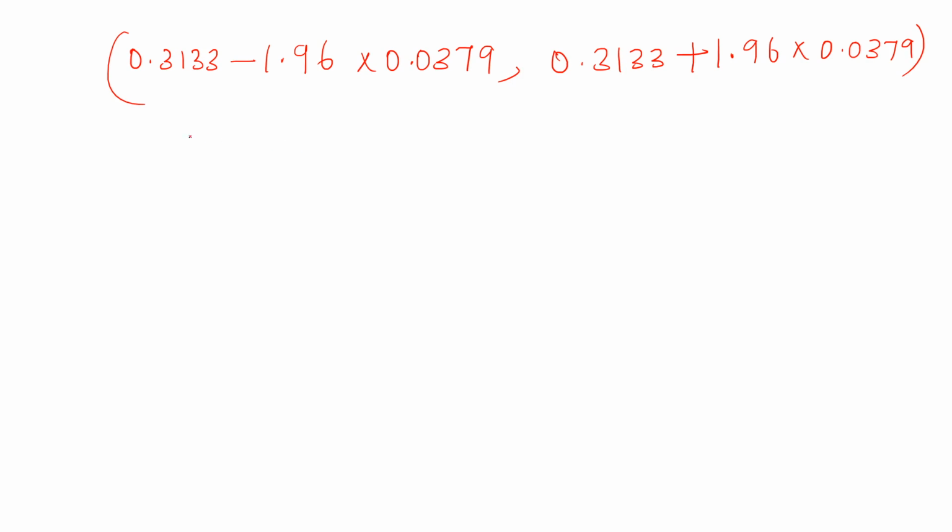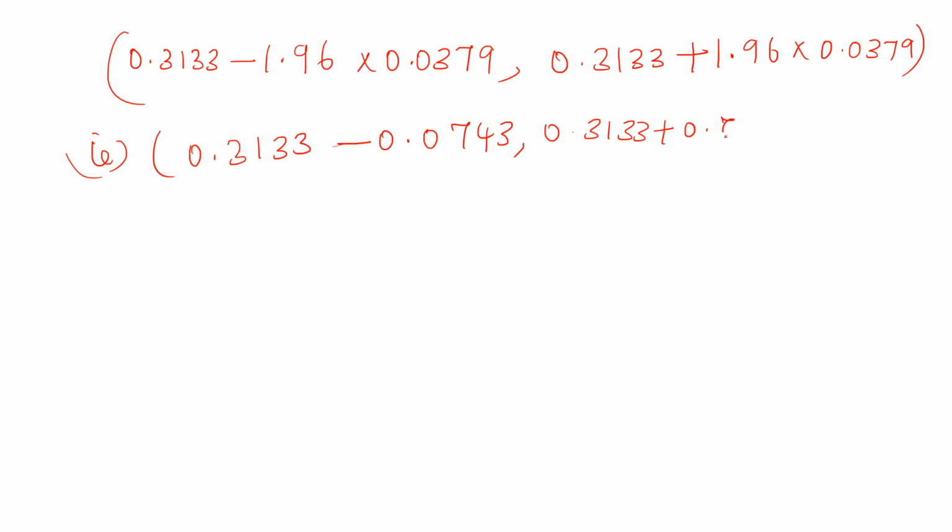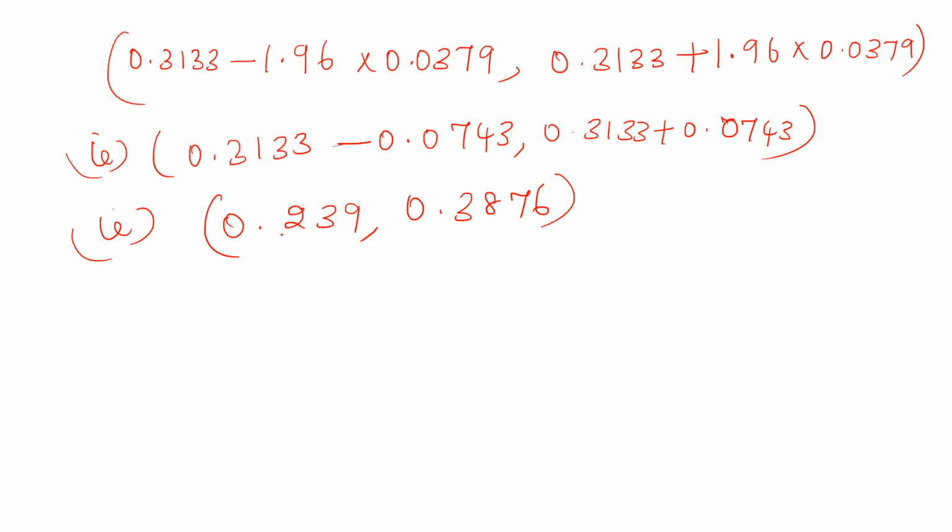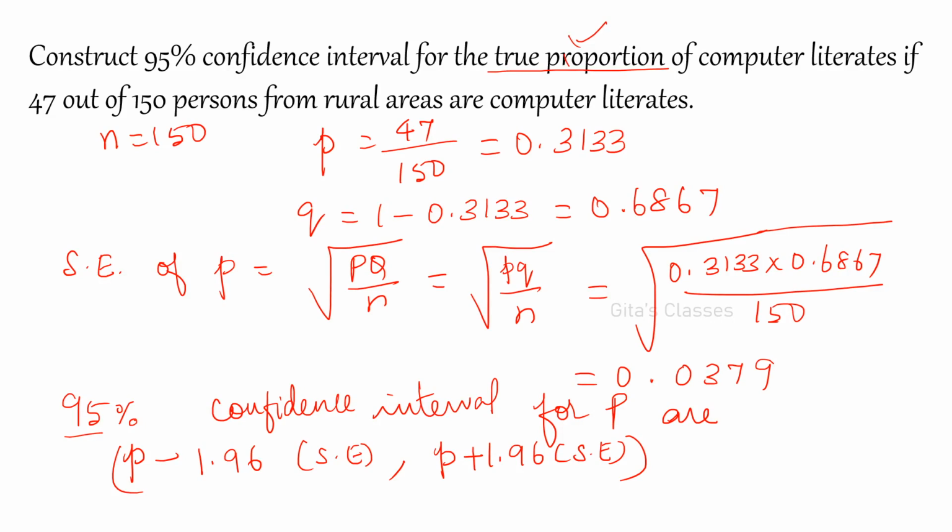If you calculate this, 0.3133 minus 0.0743 and 0.3133 plus 0.0743. These are the values, 0.239 and 0.3876. So these are the limits.